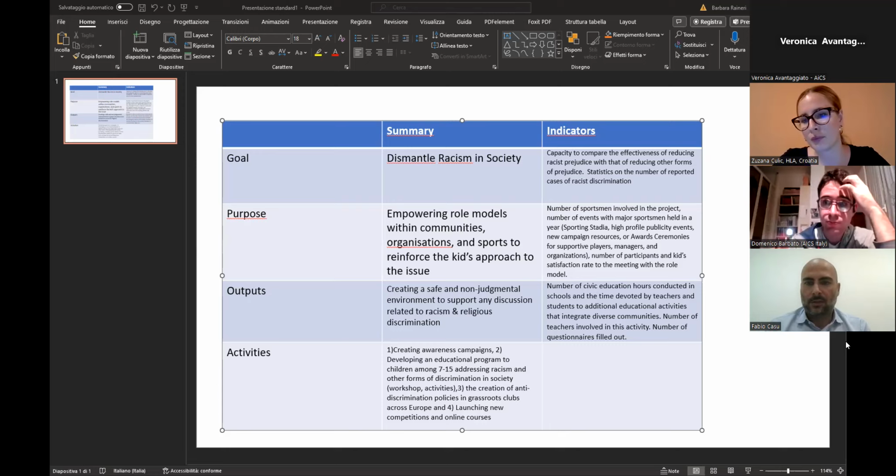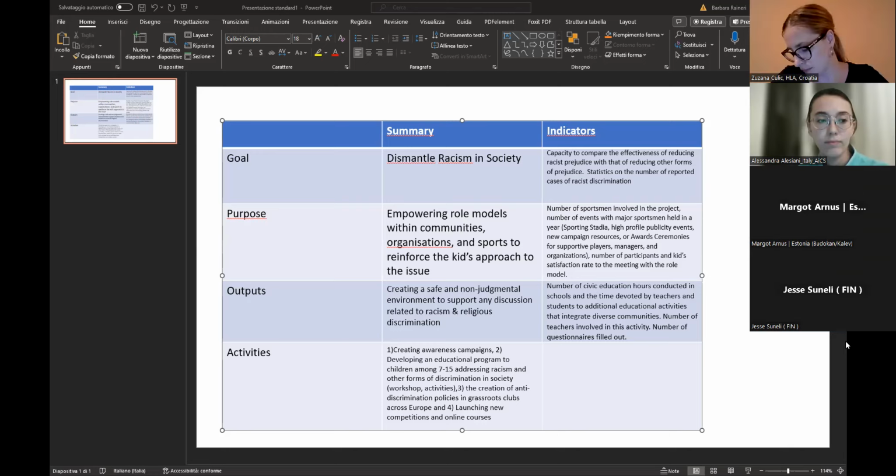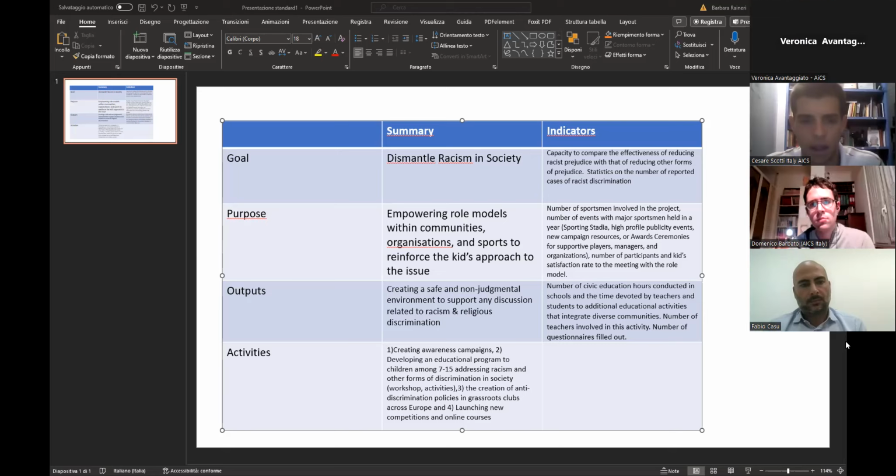Cesare, please, you were talking about... I agree with the fact that everything has to start from a local and small level, especially for grassroots associations.